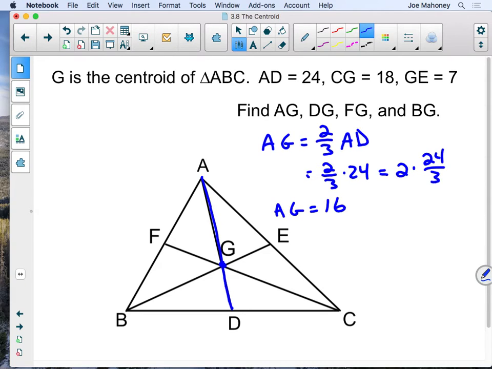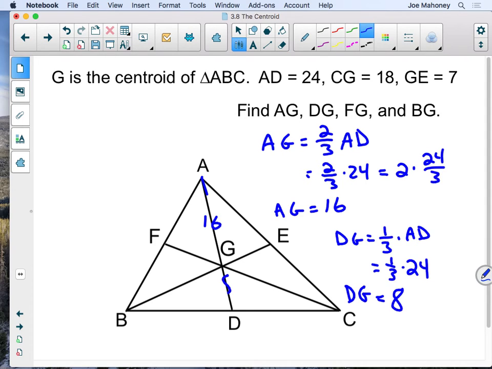And likewise, DG is 1/3 of AD. So that's 1/3 of 24. 24 divided by 3 is 8. So that's how big DG is. So it looks like that length is 16, that length is 8. And let's keep going.